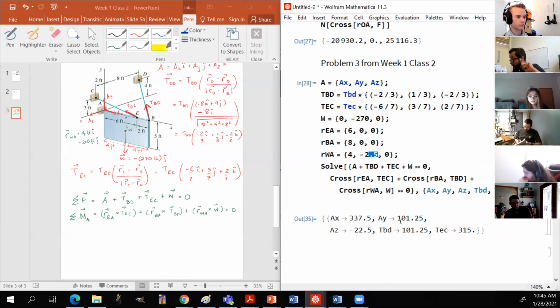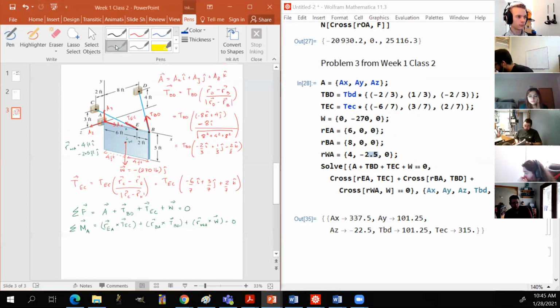All right, so what does that mean? That means now we can say that our unknown TBD was equal to 101.25 pounds. My unknown TEC was equal to 315 pounds.